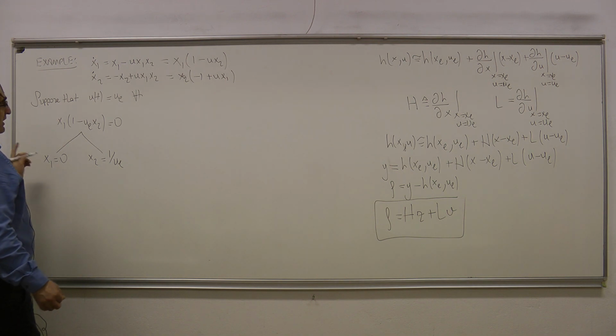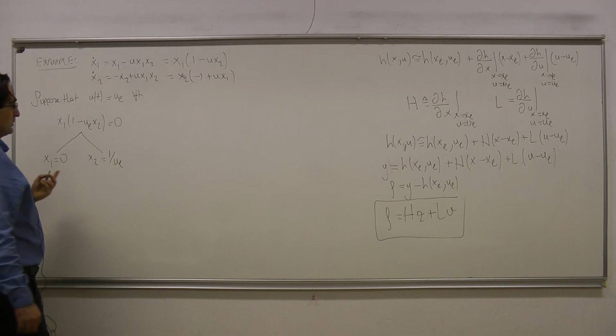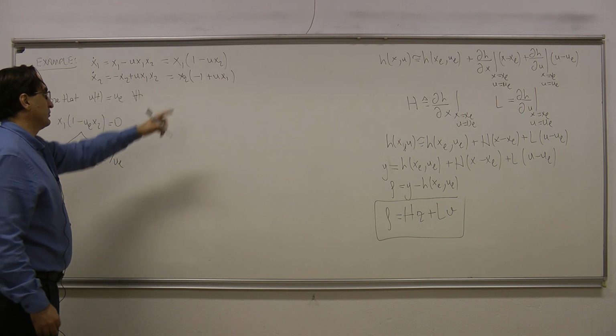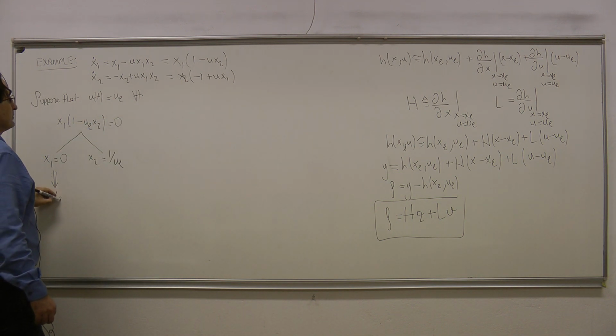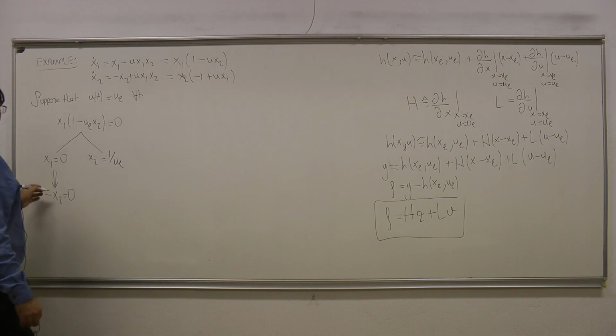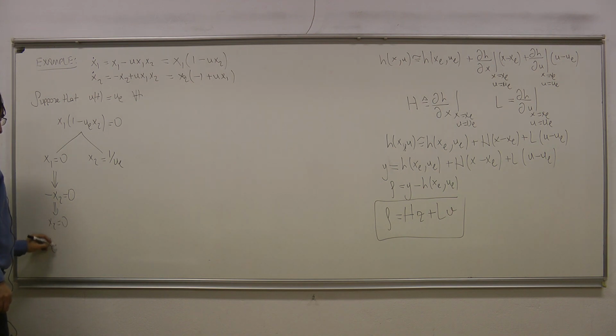Okay? Now I can substitute this in the second equation to obtain my equilibrium points. If x1 is equal to 0, second equation becomes minus x2 equals to 0. Then this tells me that x2 is equal to 0. So the equilibrium point corresponding to this condition is xe1 is (0, 0).